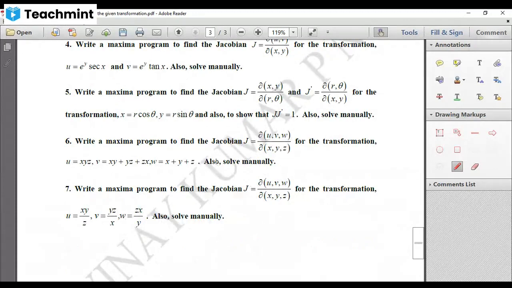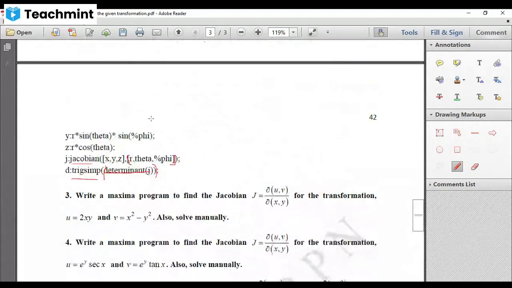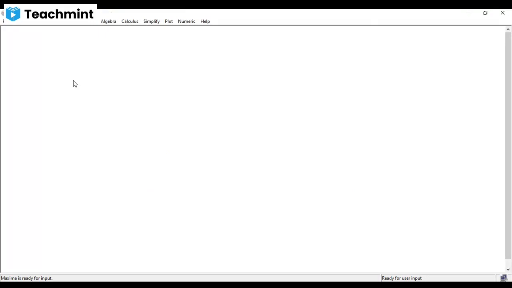Now, we will execute these two problems in Maxima. Let us write the Maxima program. As usual, we start with kill all.